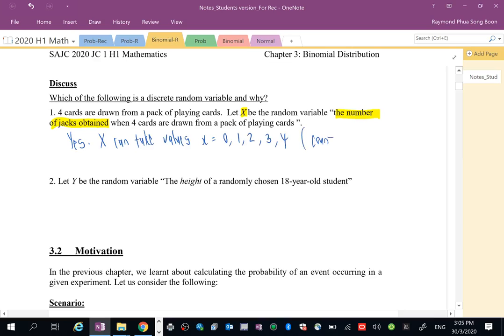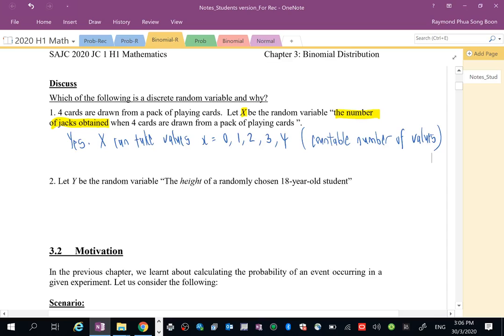And all these are a countable, or finite, number of values. So random variable x can be either 0, that means 0 jacks obtained, or 1 jack obtained, or 2 jacks obtained, or 3 jacks obtained, or 4 jacks obtained, when you draw 4 cards from a pack of playing cards. So 0, 1, 2, 3, 4, they are a finite or countable number of values, and they are all natural numbers.